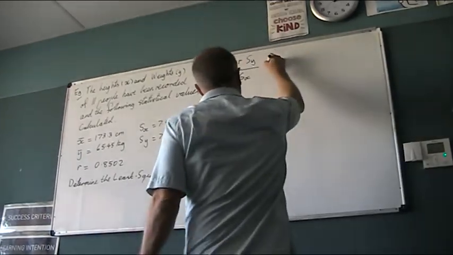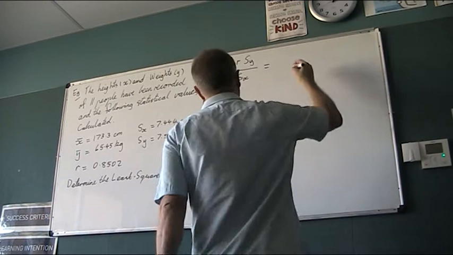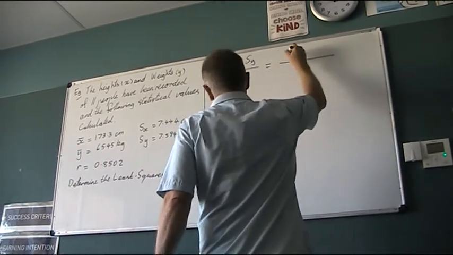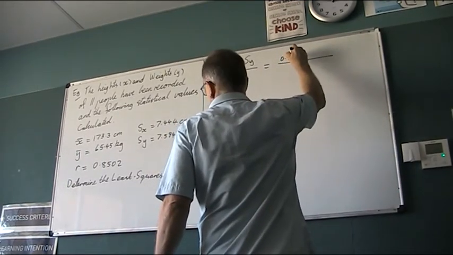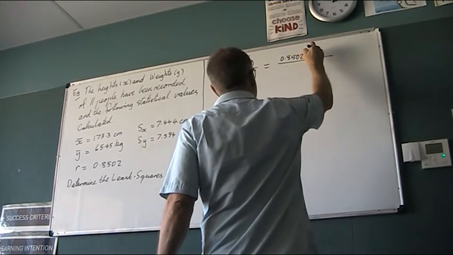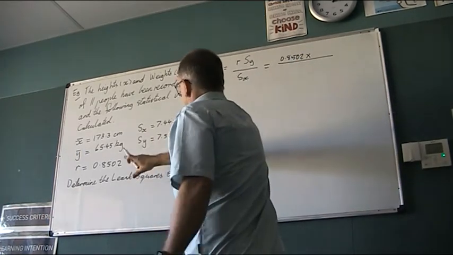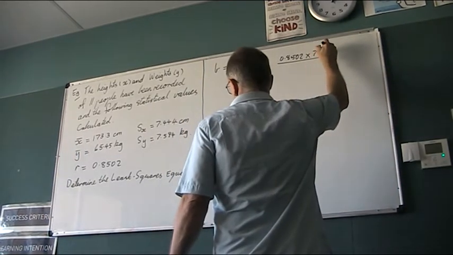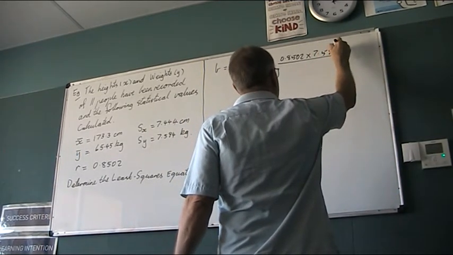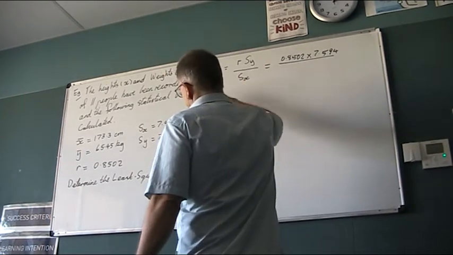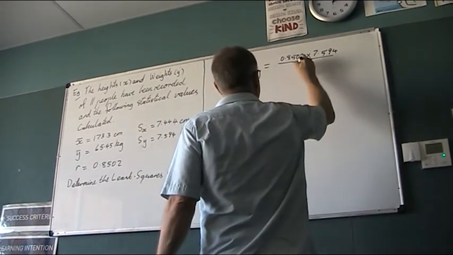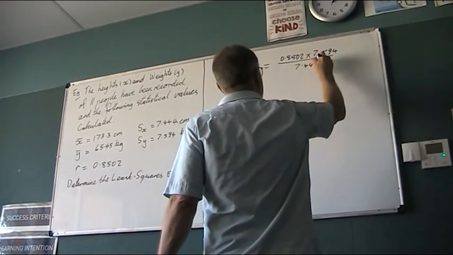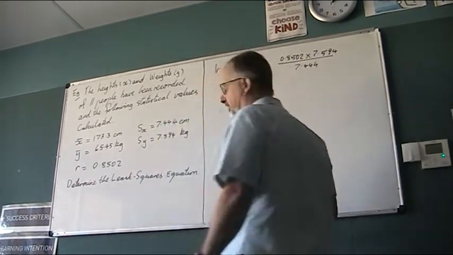All right, so looking at these numbers, 0.8502, standard deviation of y, 7.594, over the standard deviation of x, 7.444.